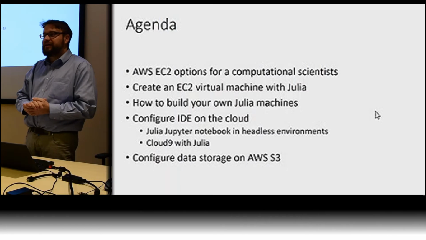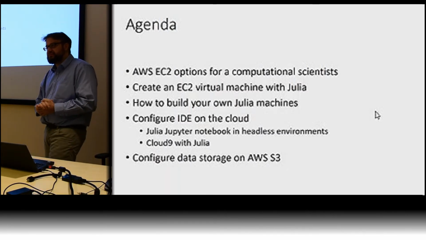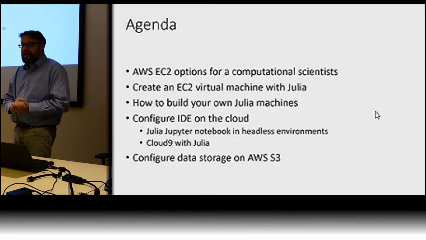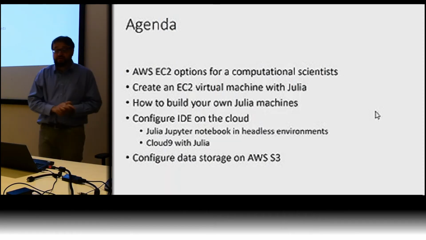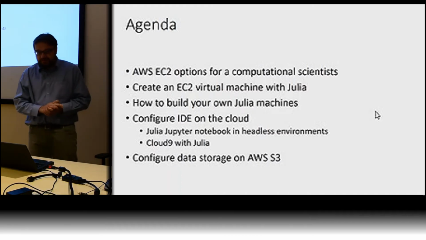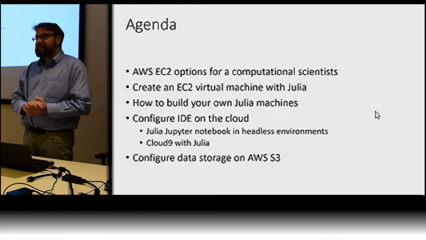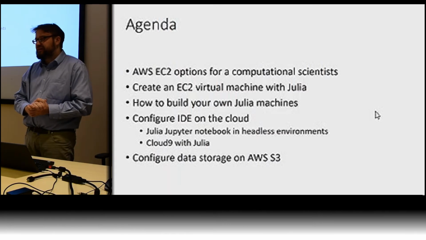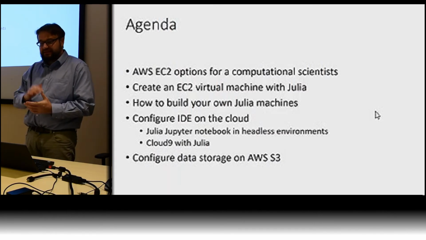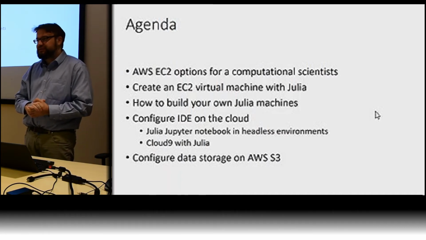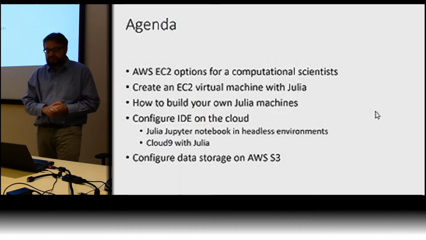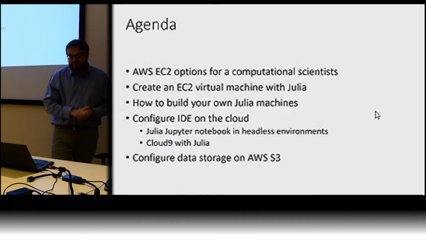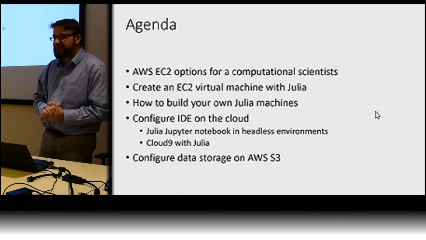Next, we look at how to configure an integrated desktop environment in the cloud. Here today we are going to consider two options. One is Julia Jupyter, and since in the cloud we are running in headless mode, headless meaning without any user interface, there are some small tricks about the configuration of Julia Jupyter. I'm also going to show you how to configure Cloud9.